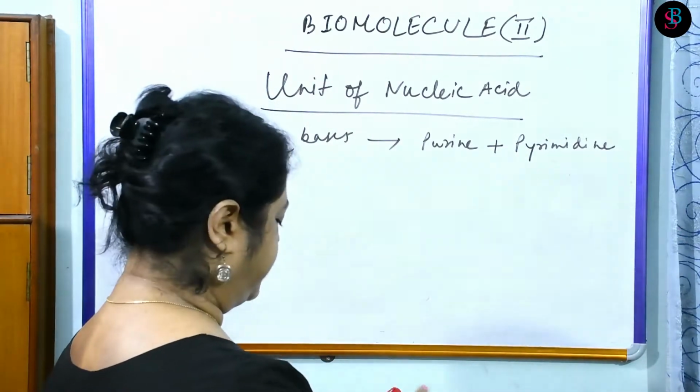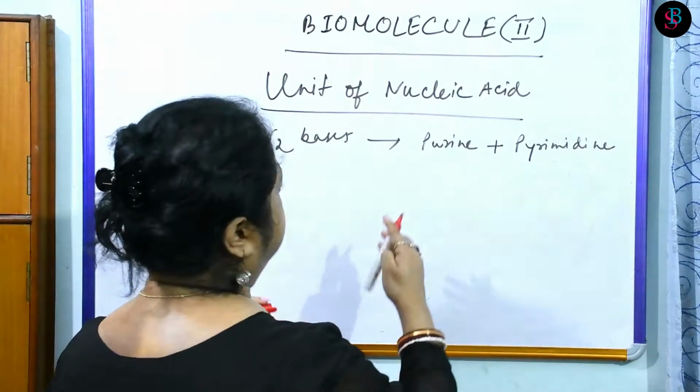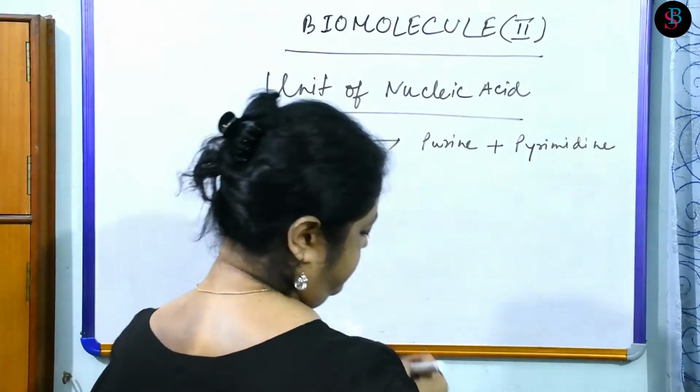Now purine, what is purine? In purine, the components are adenine and guanine.